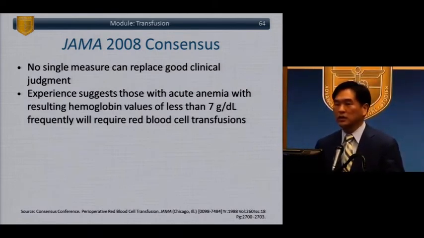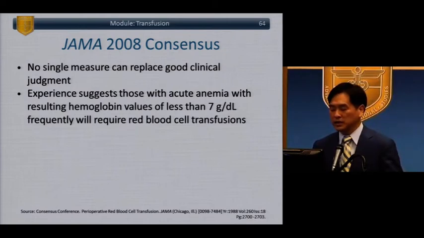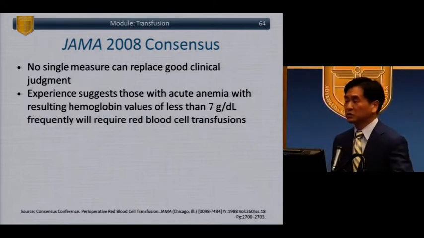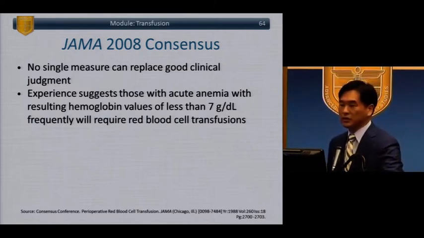Okay, so I do think that the magic number in healthy people is 7. Most of that experience comes from Jehovah's Witnesses who have survived down to hemoglobins of 5, in extremely rare cases and younger, maybe less than that.